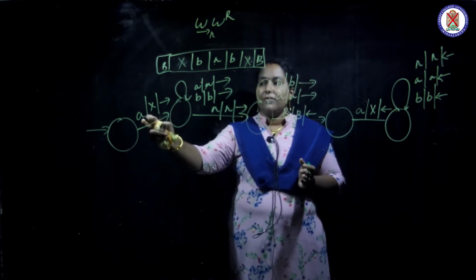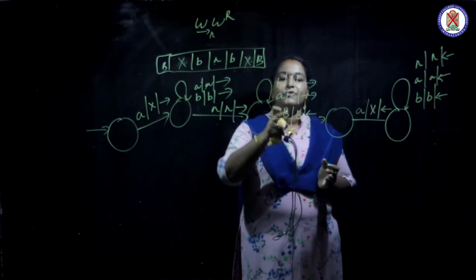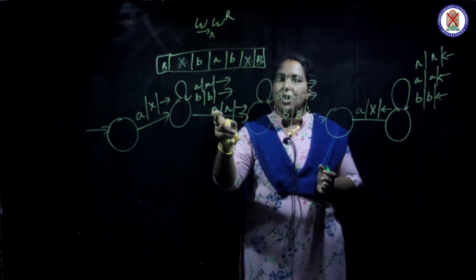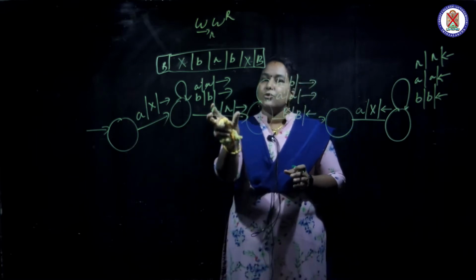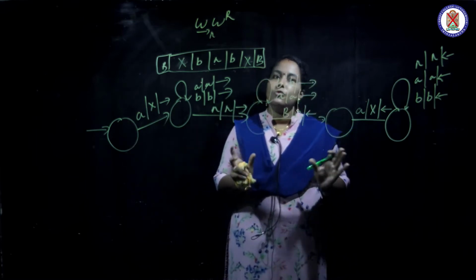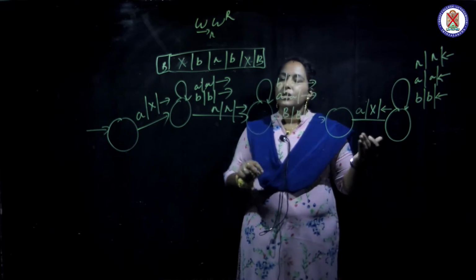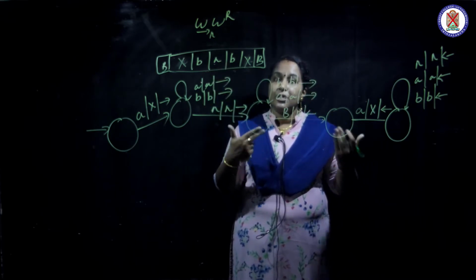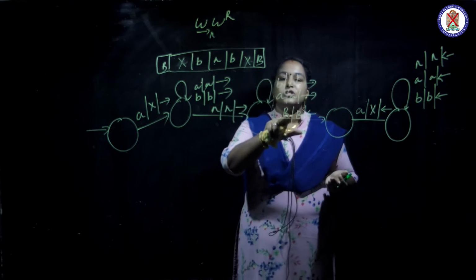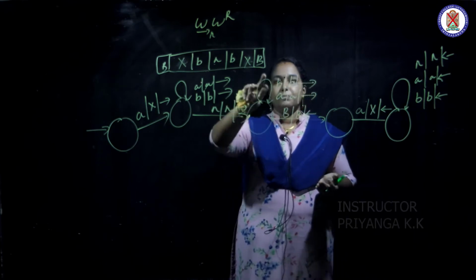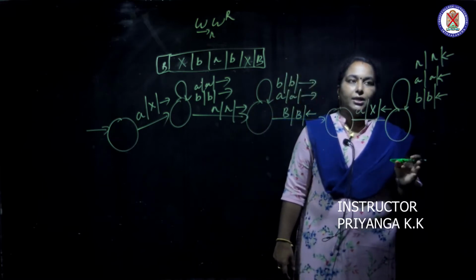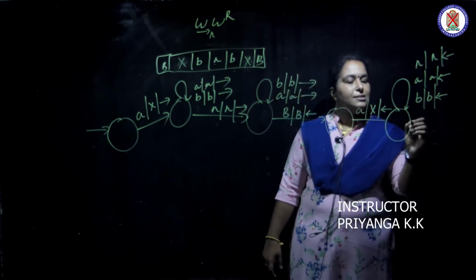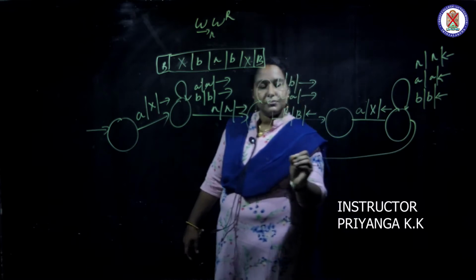So when we start from here and reach here, only one null checking is possible, and it strictly says that only one null is there. There is no looping of null, so there will be no null in between. If there exists a null, your machine will be stuck somewhere here. So that need not be checked again and again. If you want to check, you can make it another state.